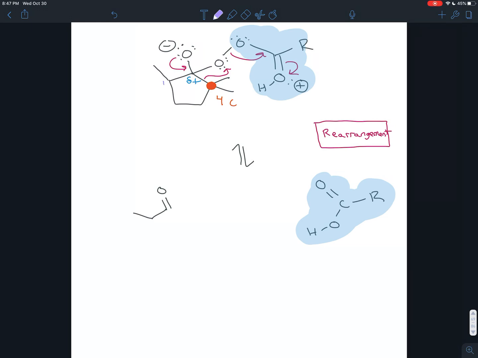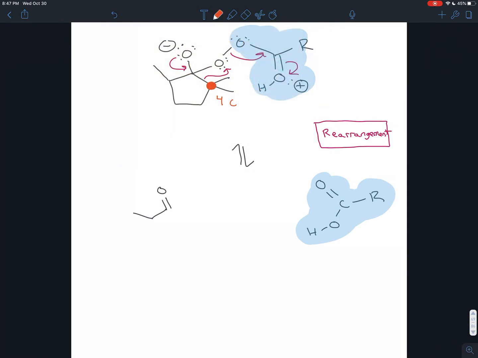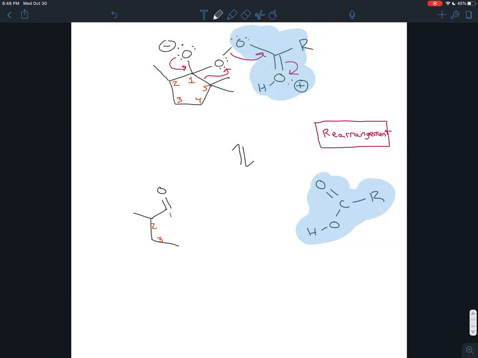Now let's number these. This will be carbon number 1. This will be 2, 3, 4, and 5.